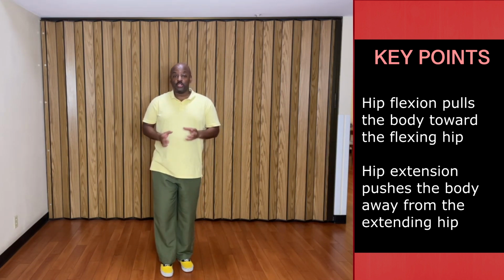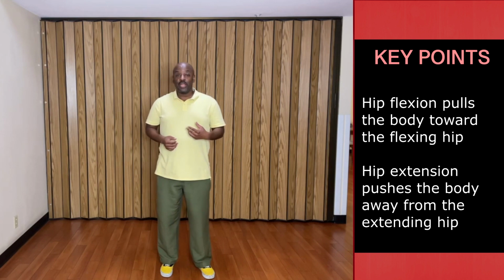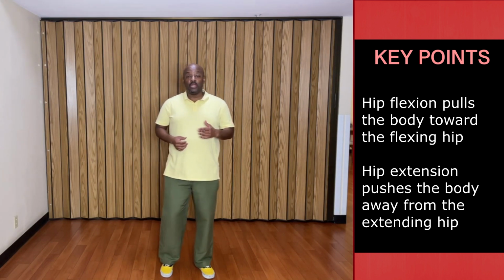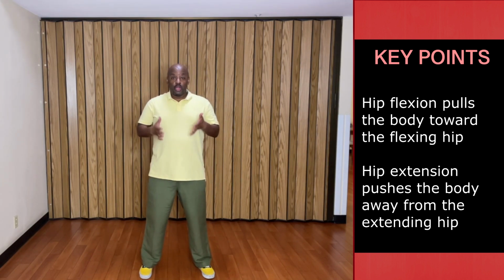The other directions of hip movement and hip rotation are going to be a consequence of the combination of upper waist rotation, lower waist rotation, and hip flexion or extension. That's going to determine whether your hip abducts or adducts and how your hip rotates internally or externally.